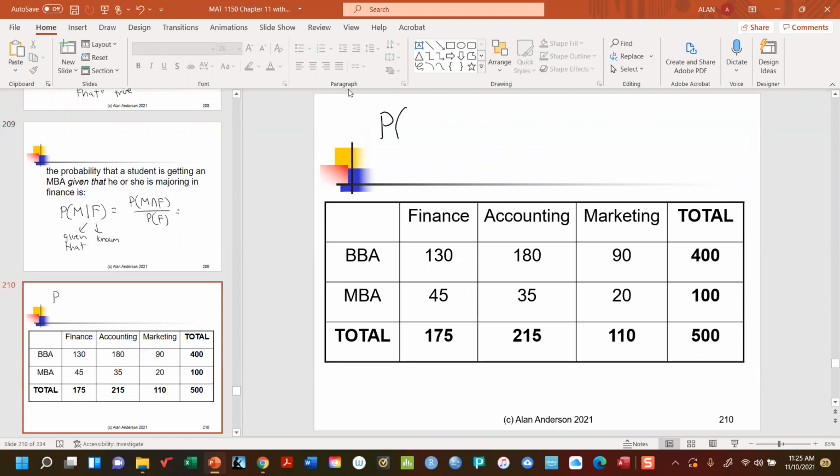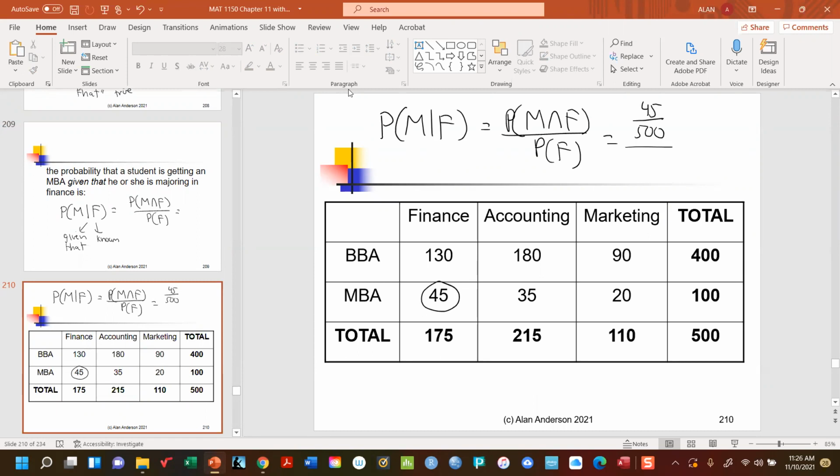I'll write it up here again. M and F is here. That's 45 out of 500. And F is this total. So that reduces to 45 out of 175, and that is equal to 0.257.